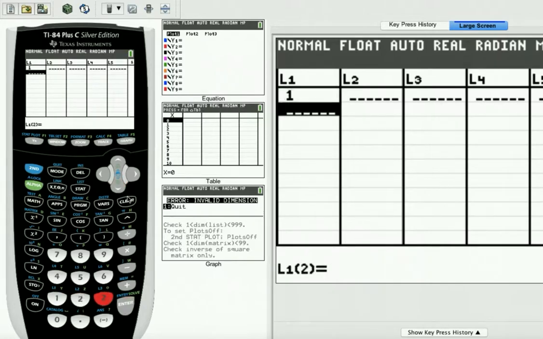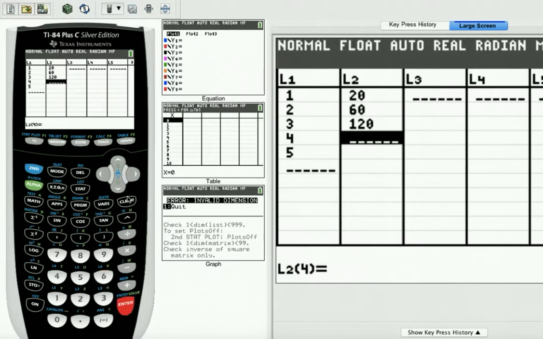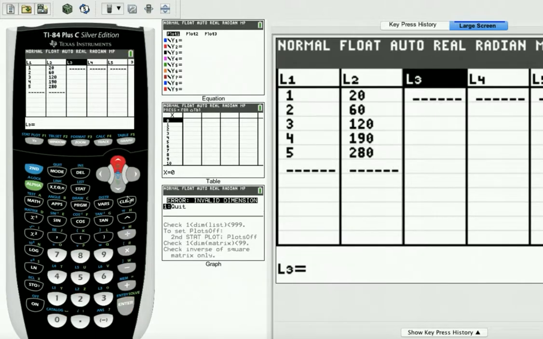So we've got 1, 2, 3, 4, and 5. And then our y values are going to be 20, 60, 120, 190, and 280. Okay, so we're going to start with logging our y values. So we're going to say log of L2.